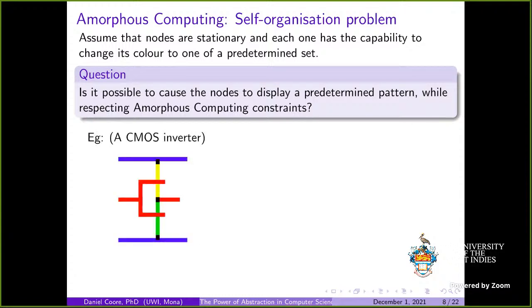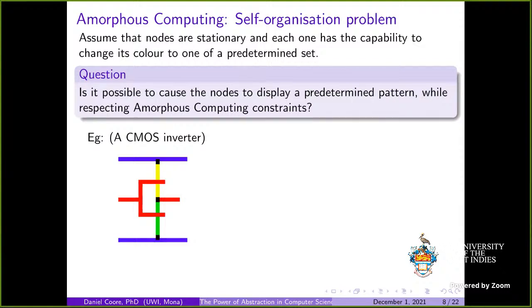Here's an example. This pattern happens to actually be a real life circuit. If you look at the VLSI design for a chip that's going to use CMOS technology, there actually are color-coded patterns.